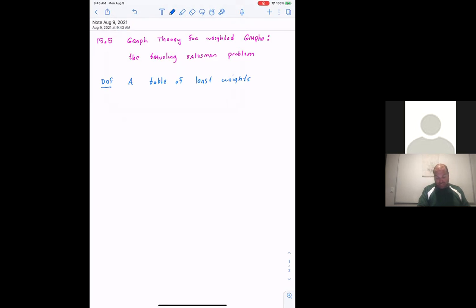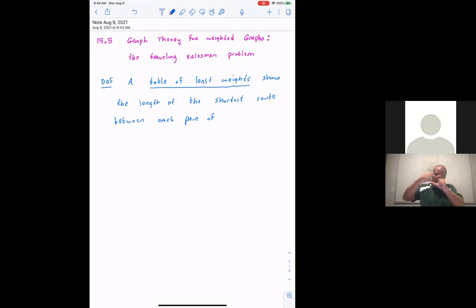A table of least weights or least distances shows the length of the shortest route between each pair of vertices. A normal weighted table gives you the weight of the direct route between each pair.